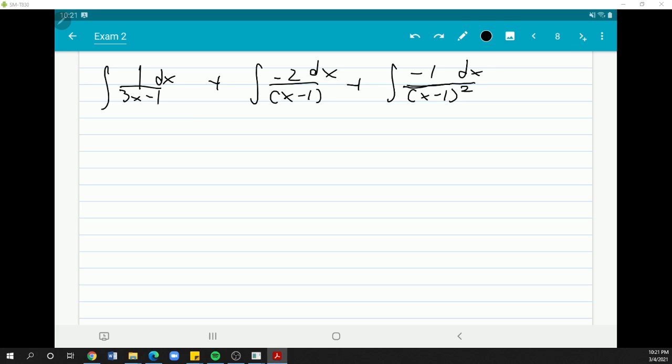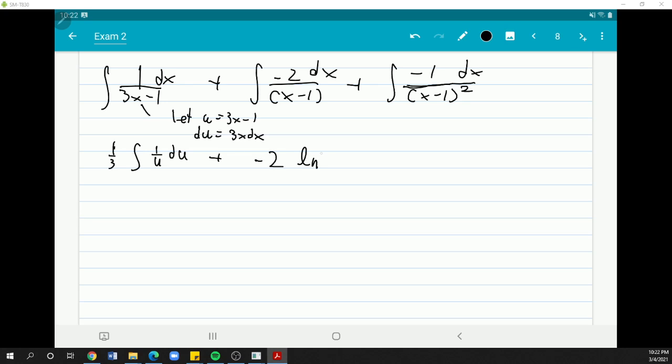You have to be a little bit careful here. You let u equal 3x minus 1. du is equal to 3 dx. You only have one of them, so you get a 1/3 term. But after you do that, this looks like natural log. So 1/3 integral 1 over u du plus minus 2.